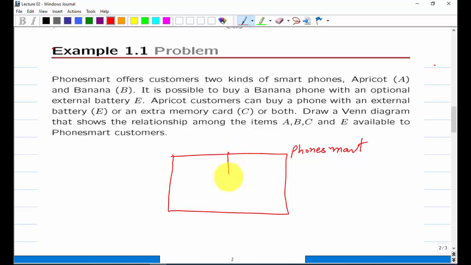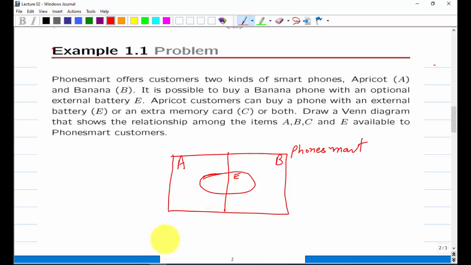So it means that these two sets are making the partitions A and B. Next, we can see that we can buy a banana phone with an optional external battery E. Apricot customers can buy a phone with external battery. So for external battery, both of them, means the customers can buy external battery E even if they buy apricot or banana phone.